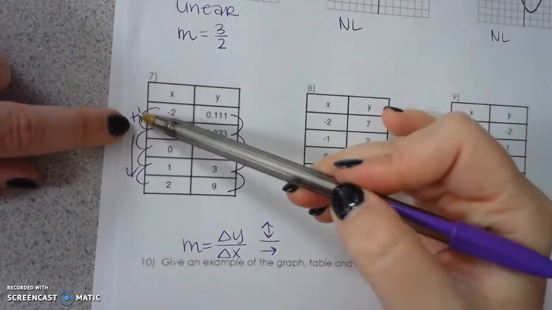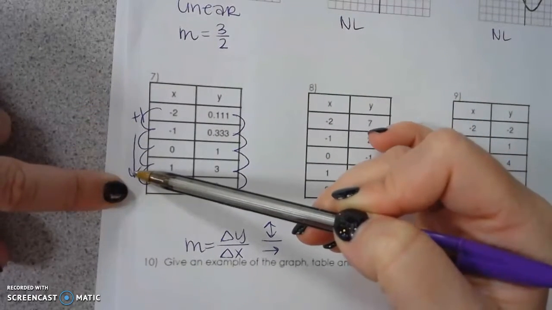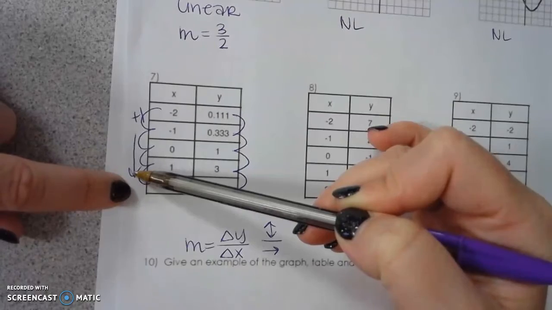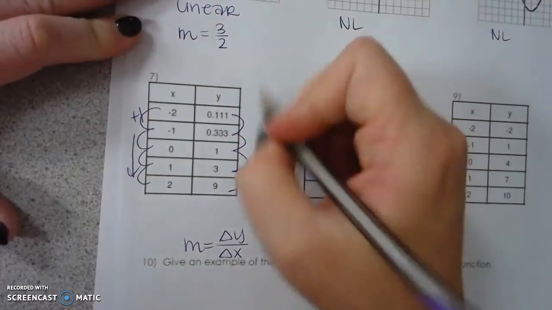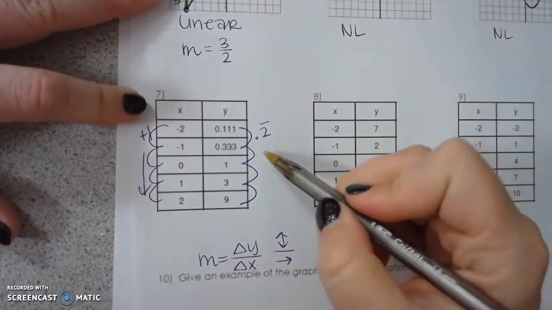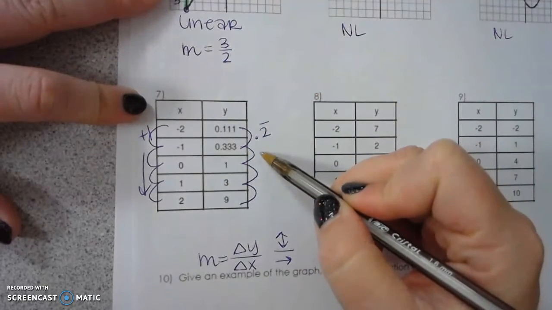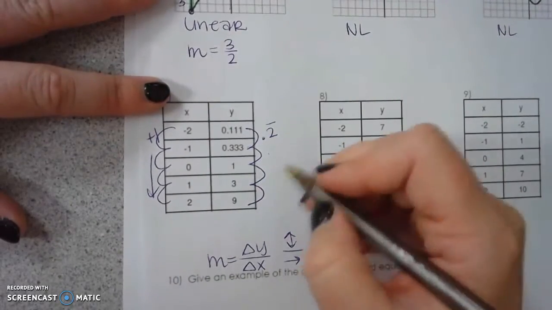So instead of writing +1, +1, +1, +1, I'm just going to write +1 with an arrow, telling me that it is constant change in x every single time. And then this is 0.2 repeating. So for it to be linear, this has to be going up 0.2 repeating, and it's not. So at that point, you can stop.